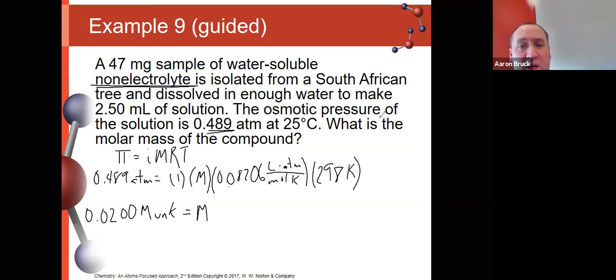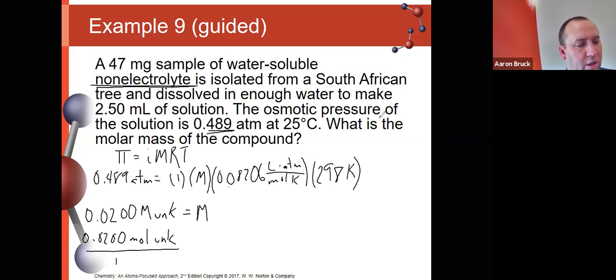Now, to turn that molarity into moles, keep in mind that 0.0200 molar is 0.0200 moles of my unknown per liter of solution.